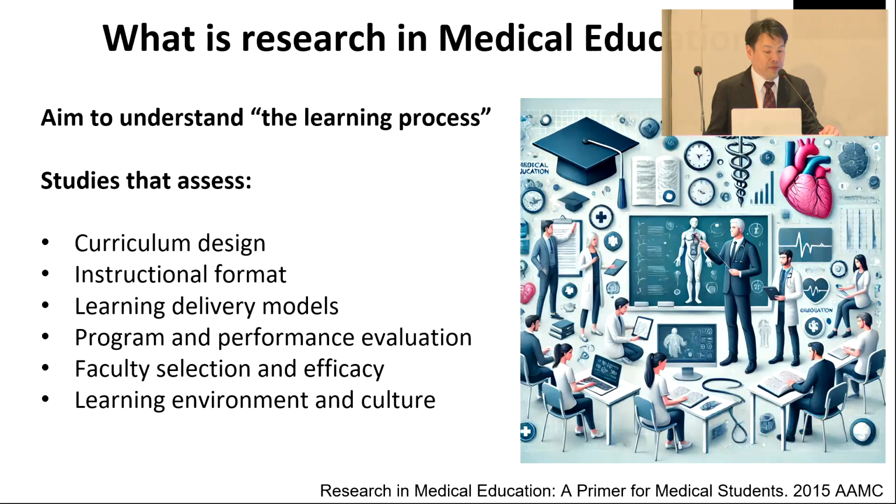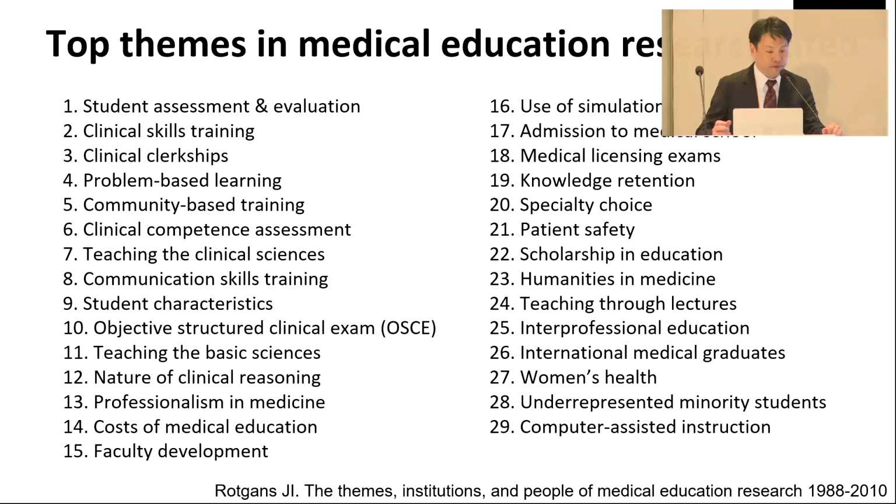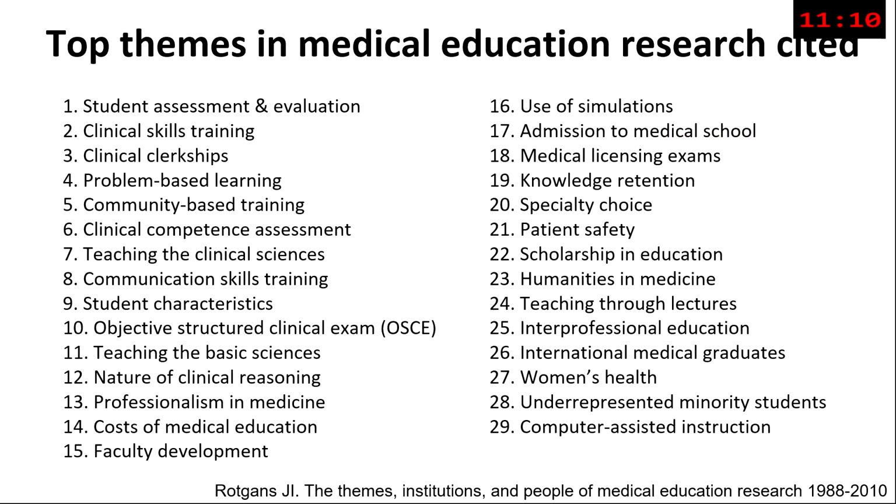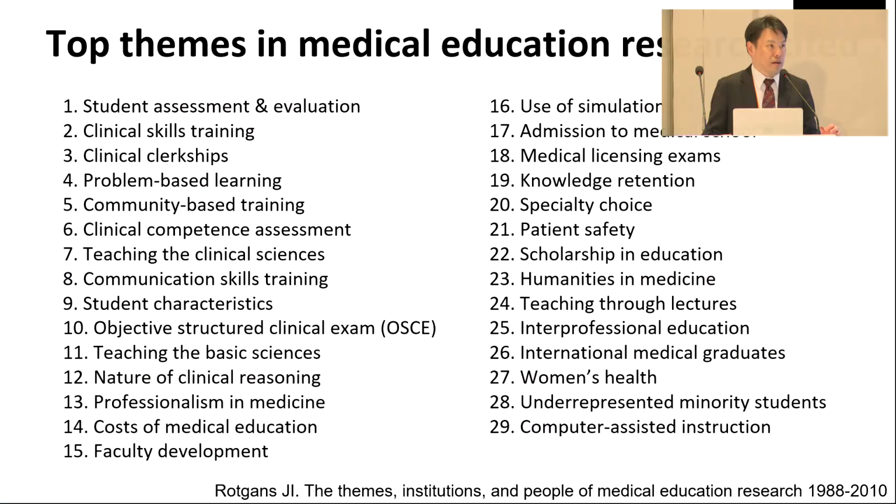Above all, these studies are trying to improve the ecosystem of medical education. Just to give you a little hint, these are the most cited topics related to medical education. It gives you an idea, roughly, what the most popular research topics inside this field are.